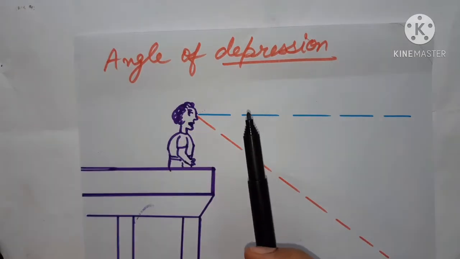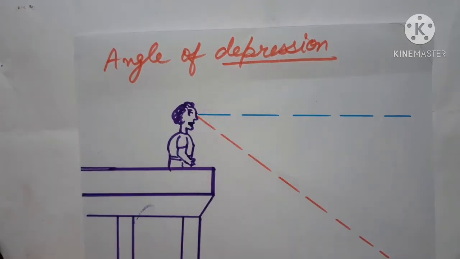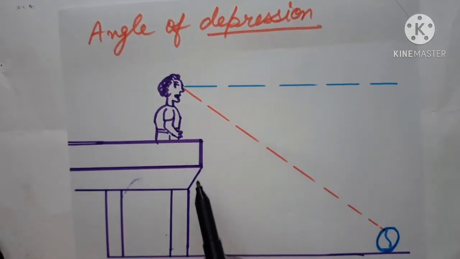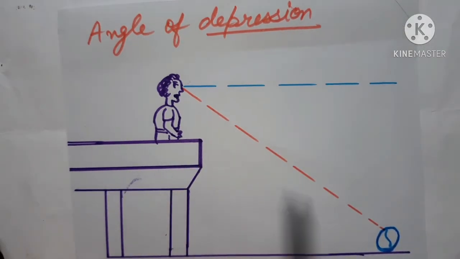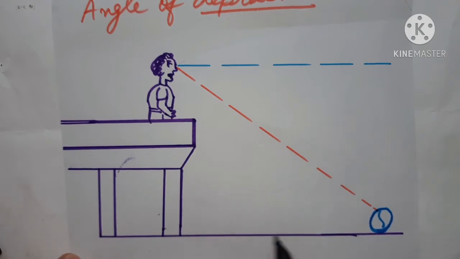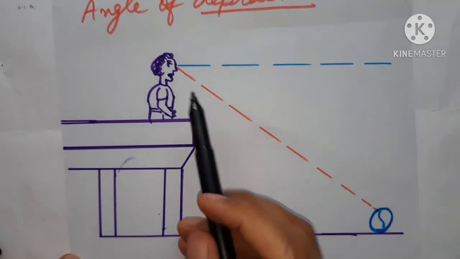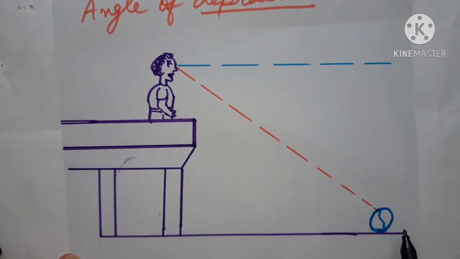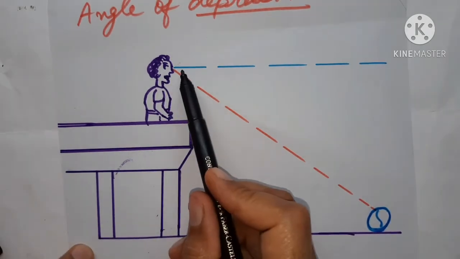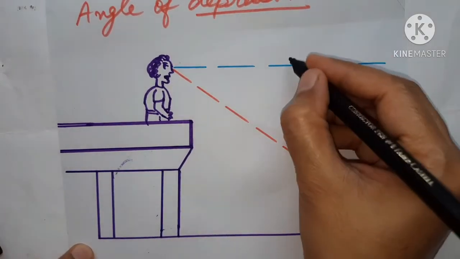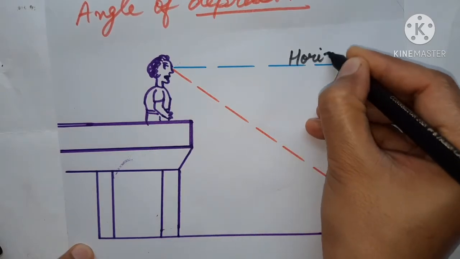Angle of depression. Suppose this person is standing on the first floor and this is the ground level. If this person is observing an object, a ball or something, on the ground, which angle will be made? Let's discuss. This line shows the horizontal level.